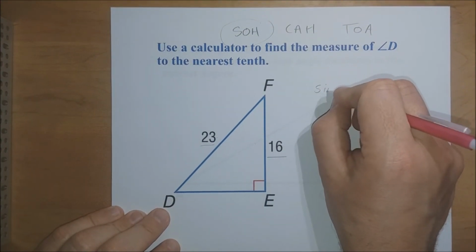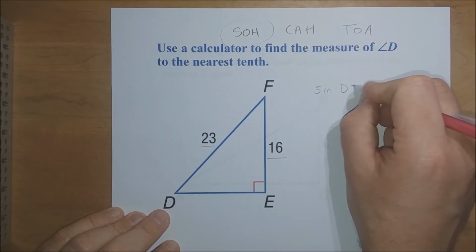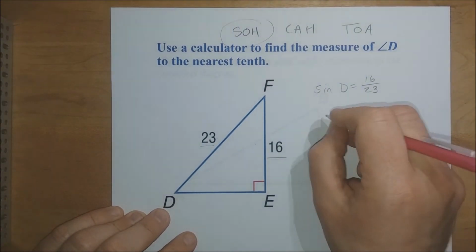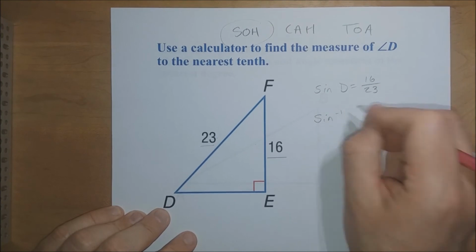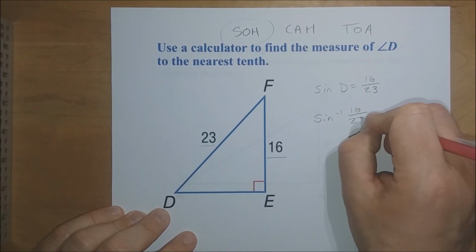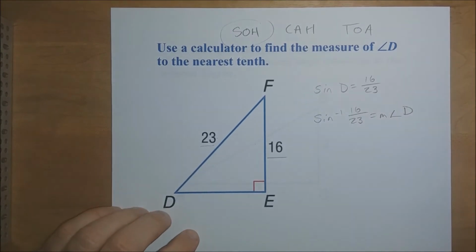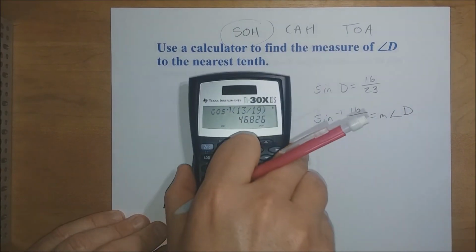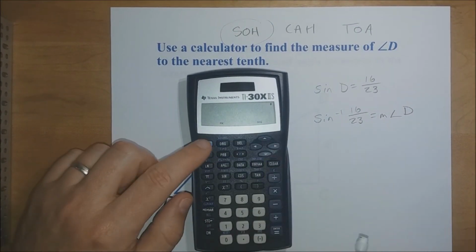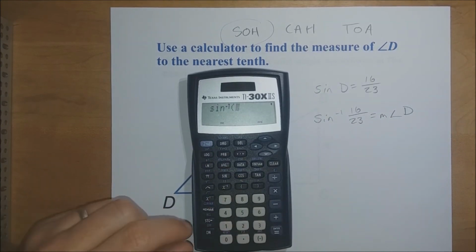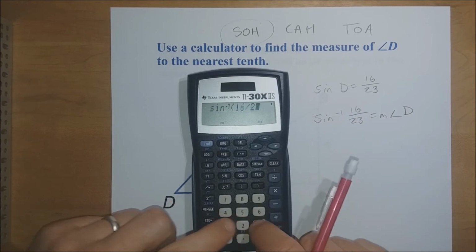So I know the sine of angle D is 16/23. So the inverse sine of 16/23 should equal the measure of angle D. Let's go ahead and try that. Second function sine, to get me my inverse sine function, 16 divided by 23.